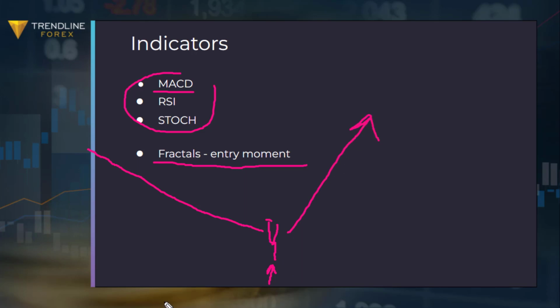And at the same time, if I have divergency down here and I see that price is trading to the downside, but at the same time the indicator creates higher lows every time it makes a new impulse, and I've also got a fractal, well, this is what I consider an entry moment. Okay, so we'll see how this works on the chart, and I'm going to try to explain it as simply as possible.